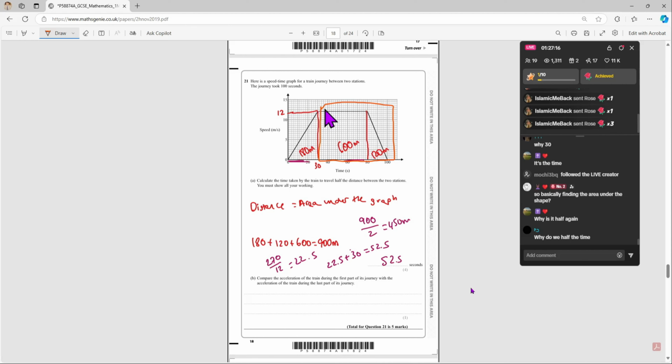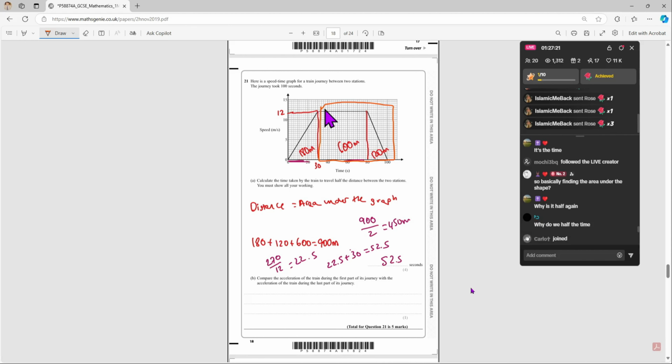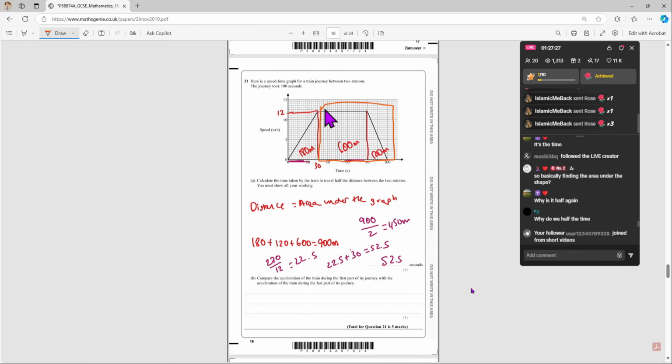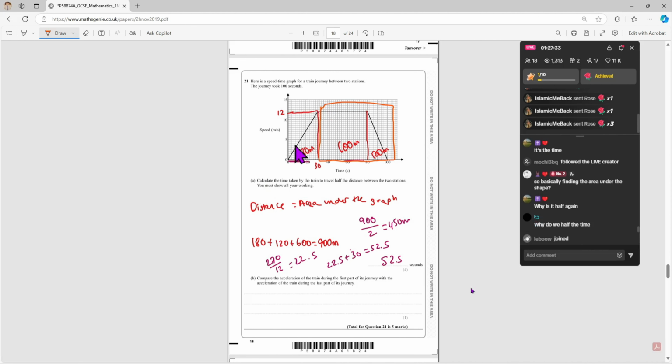So, for part B, it says compare the acceleration of the train during the first part of the journey with the acceleration during the last part of the journey. And so basically, this is the easiest one because we know that the acceleration is positive on the first part of the journey.